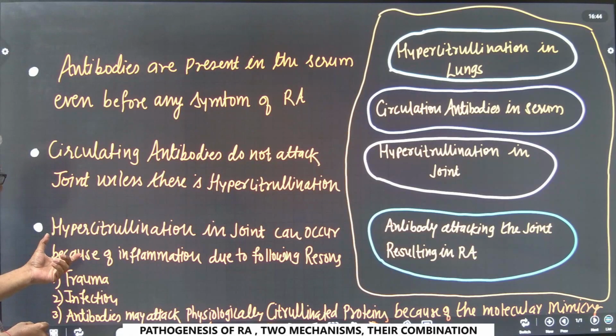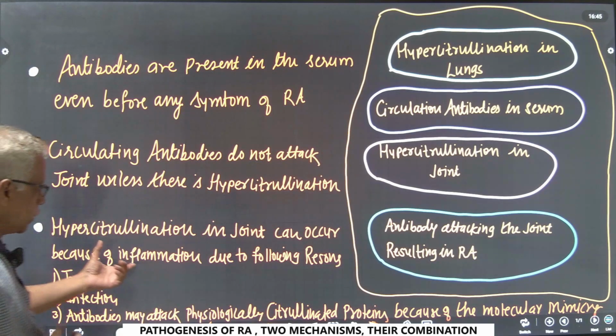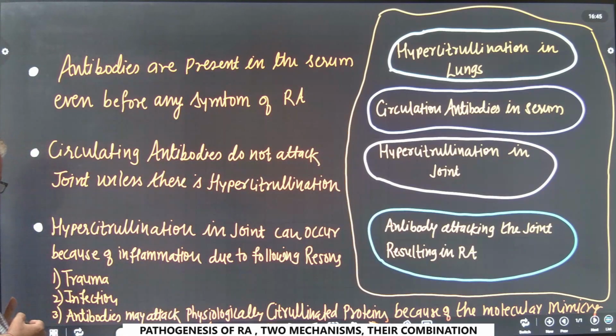Hypercitrullation in the joint can occur because of inflammation due to the following reasons. So this mechanism of hypercitrullation in the joint occurs because of the inflammation in the joint, and this inflammation in the joint can be because of these three reasons here.